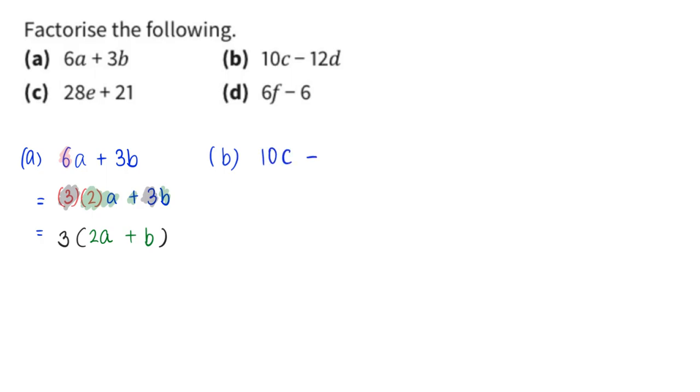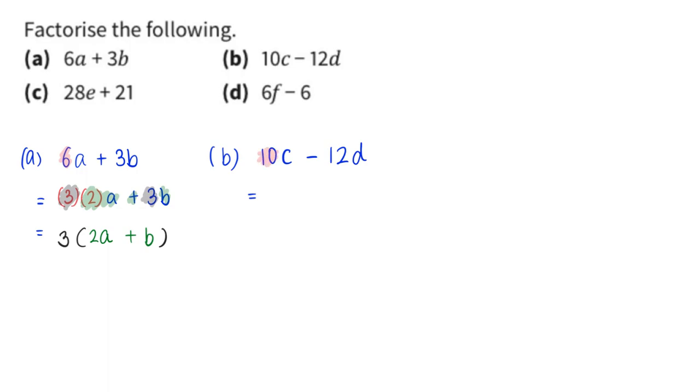Part B is 10c minus 12d. And what is the highest common factor of 10 and 12? Very good. The highest common factor for 10 and 12 would be 2.